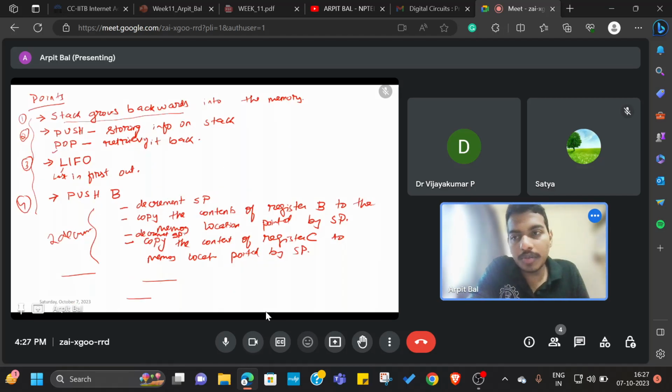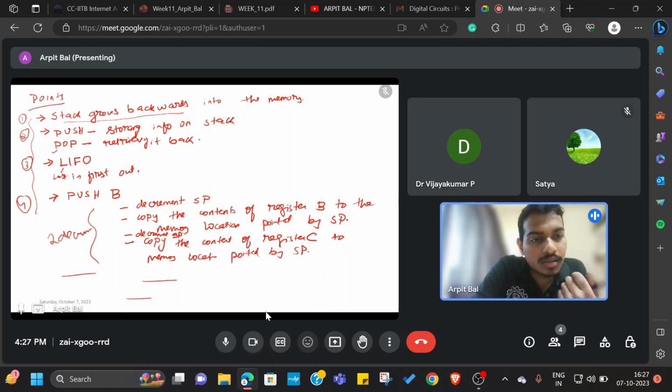Second question was related to the PUSH instruction. PUSH and POP are the two instructions used for stack operations, and stack is usually a memory location, and it grows backwards. When I do a push instruction, the first thing that happens is it decrements the stack pointer. Stack pointer points to the memory location from where the stack begins.